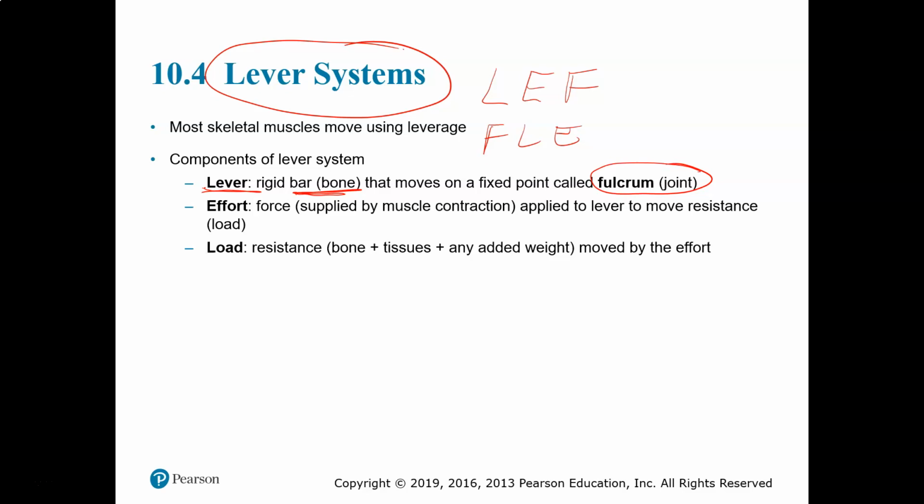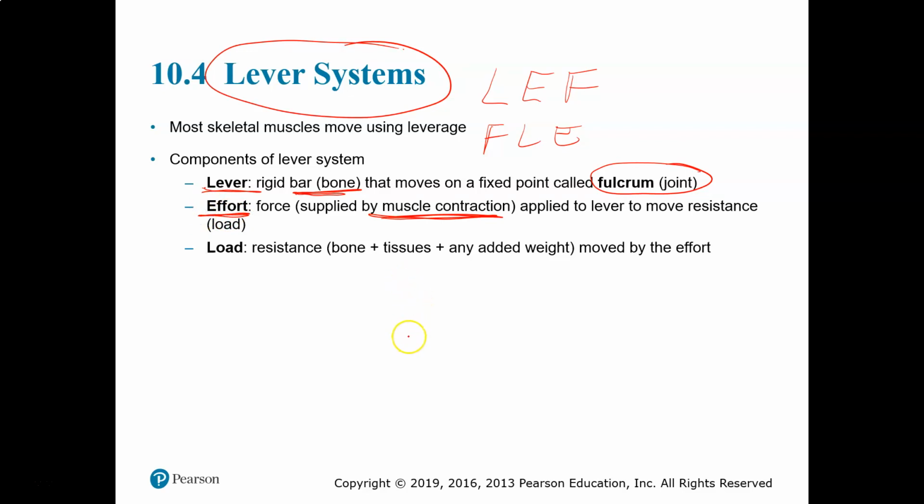So the muscle itself is going to represent the effort. The load is the weight. It's the weight that's having to be moved. So it's going to include the bone, the tissues, and any added weight that's moved by the muscle. So the muscle itself is the effort, the lever is going to be the bone that moves, and the fulcrum is the joint.